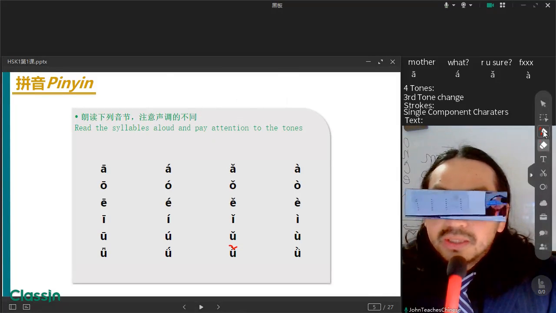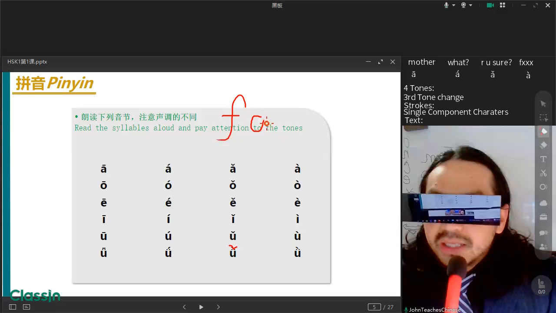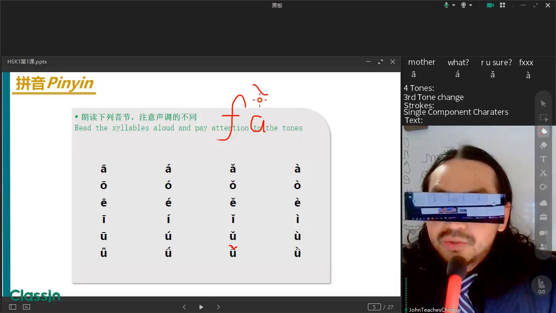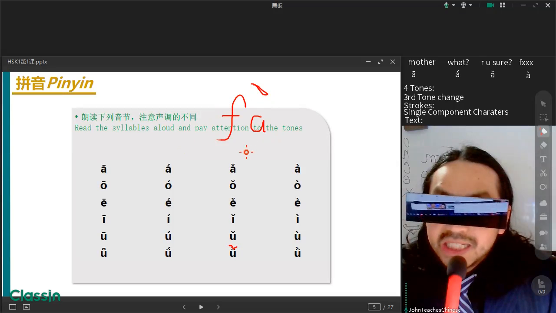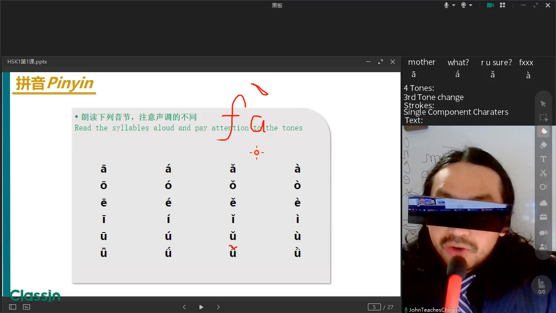So this one, if I give a plus the last tone, you're going to read it as fa, fa, correct?